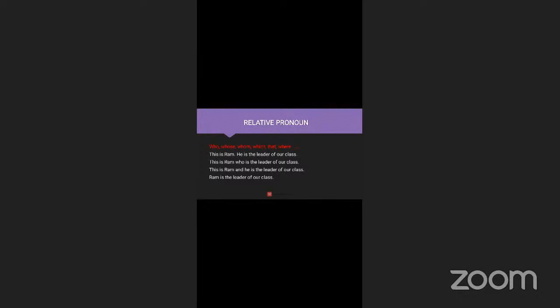Relative pronoun means that part will become subordinate clause. So, subordinate clause means that will be a complex sentence.